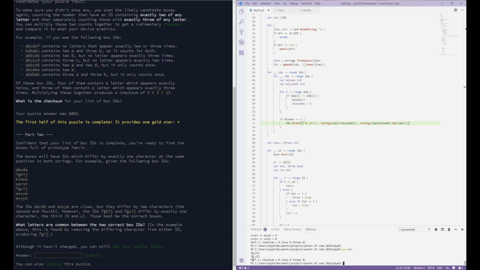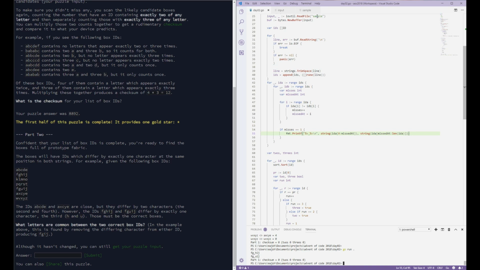Okay, it's printing twice, but that doesn't matter. Okay, and then swap in the real input. Run that. And there I have something.